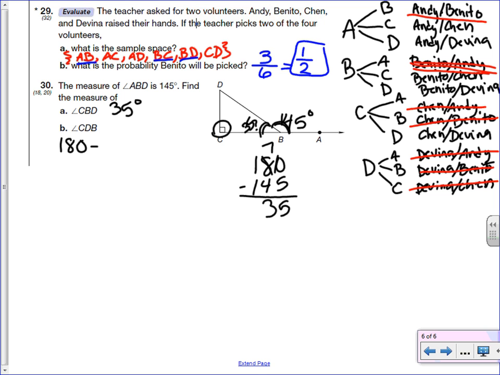Angle C is 90. And then angle CBD is 35. So 180 minus 90 is 90, and then 90 minus 35 is 55. So CBD is 55 degrees.